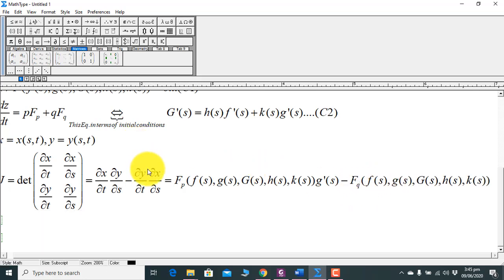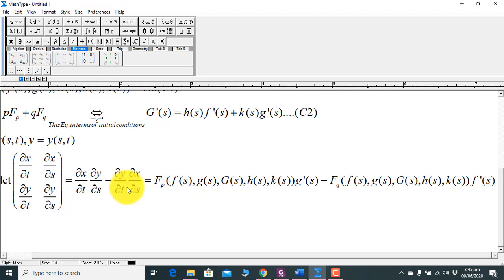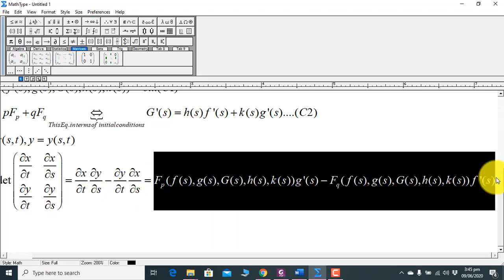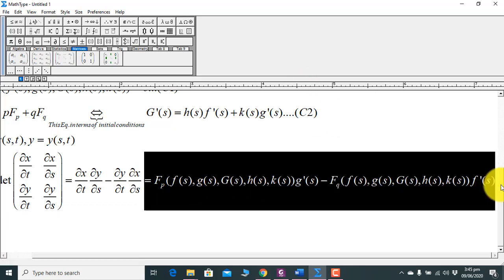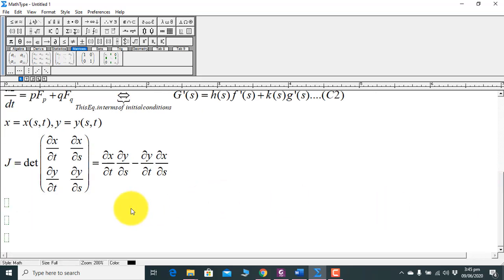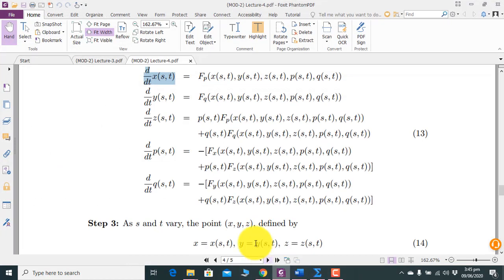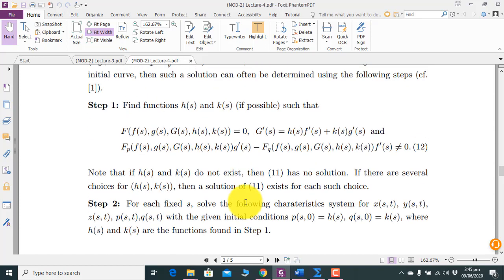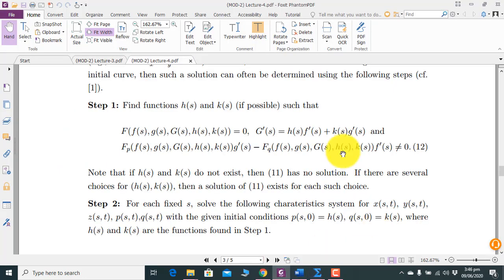And for partial x over partial s, x has condition f, and the derivative will become f dash. This has been done for t equal to 0, and this is the Jacobian in terms of condition. So this must never be equal to 0, and this is our third condition. This was very important.